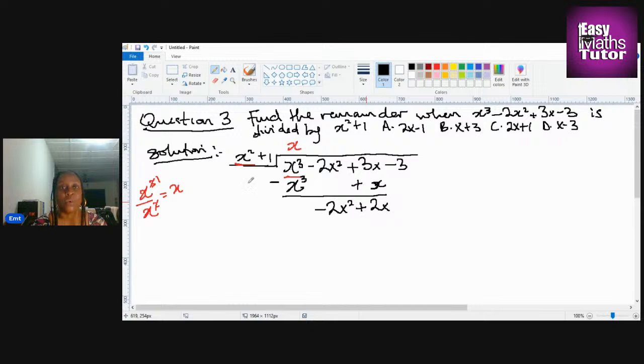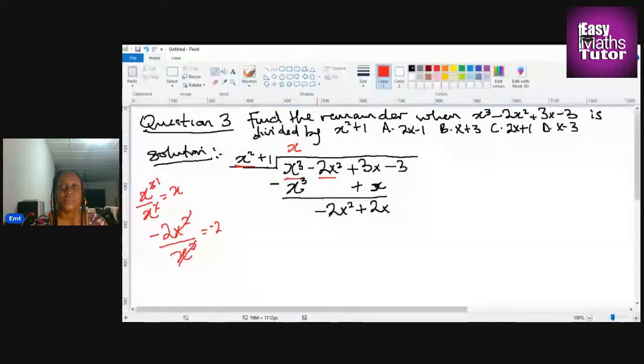So now we are going to divide minus 2x squared by x squared. This will cancel this, and our answer will be minus 2.